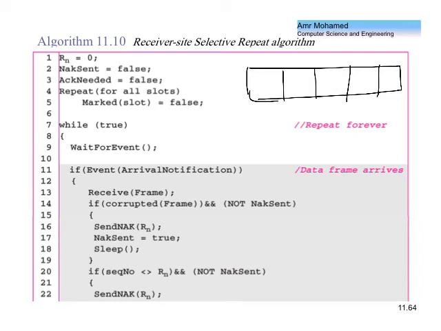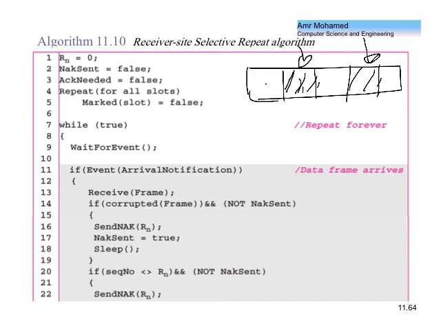And as we said, I may actually receive this frame before this frame. So I can receive those two frames before the others. In that case, I need to have a marker that tells me whether this frame has been received or this frame has not been received.